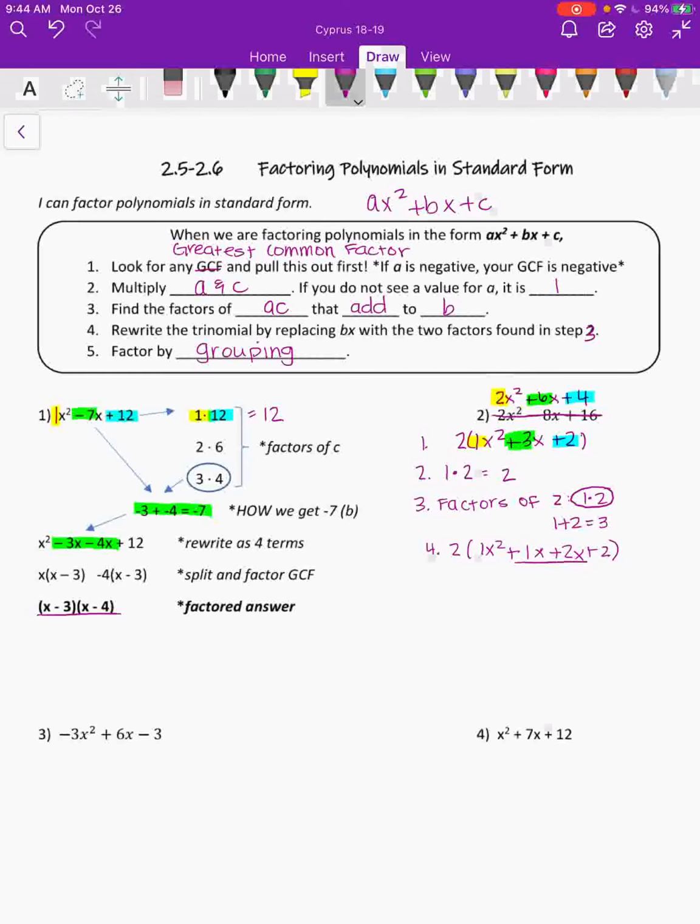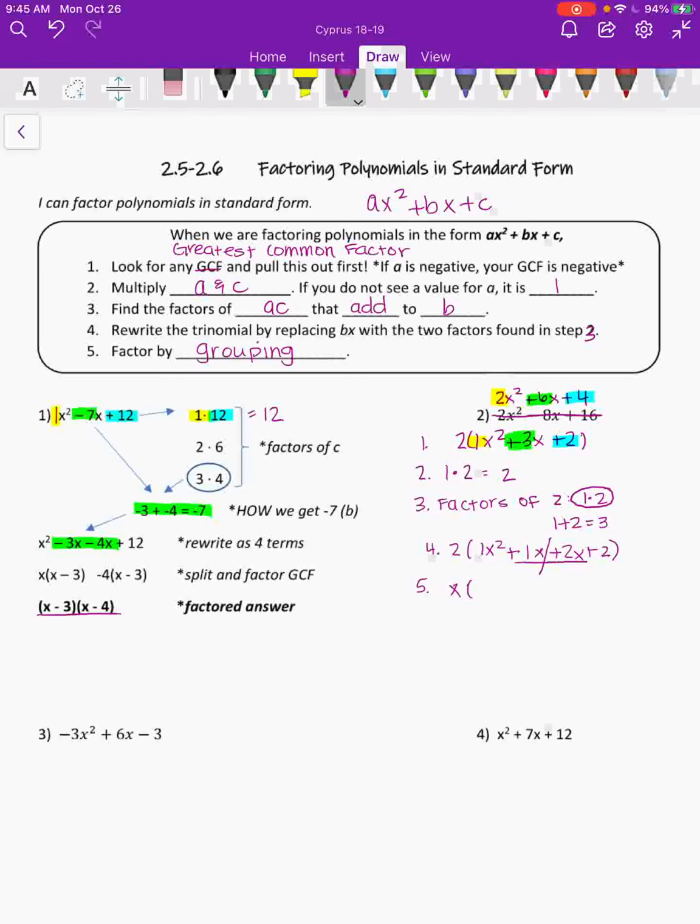So now we want to use grouping. So I'm going to split it right in the middle. Okay, so we have 2 in the front and 2 in the back. This is step 5 by the way, sorry. Pull out our greatest common factor. So I'm going to leave the 2 alone for the second, the one that's out in the front. The greatest common factor of 1x squared and 1x is just x.